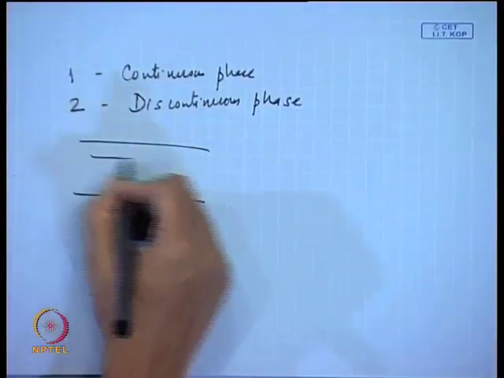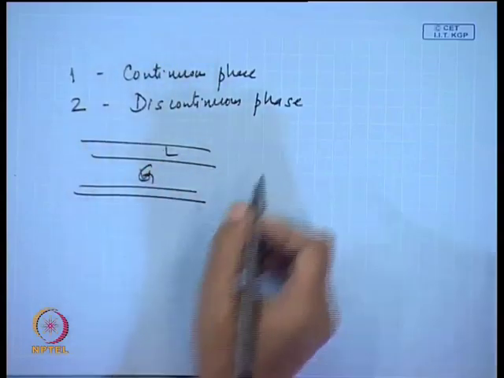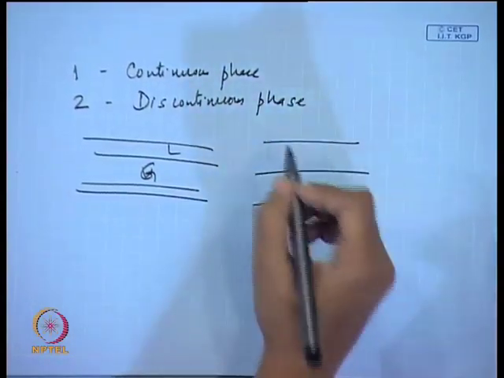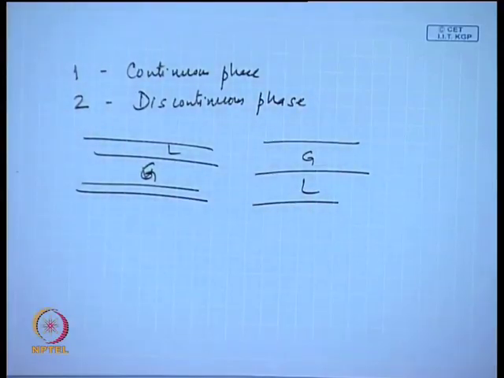Now, we can have circumstances when both phases are continuous. Okay. For example, in annular flow, if you remember, we had a vapor phase or a gas phase and a liquid phase. If we have stratified flow, we find for these that both the phases are continuous.